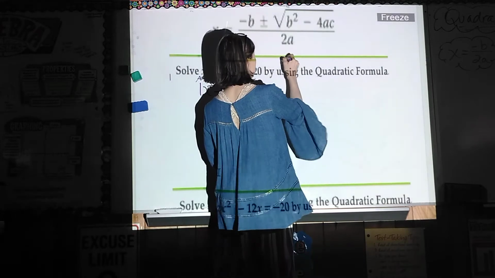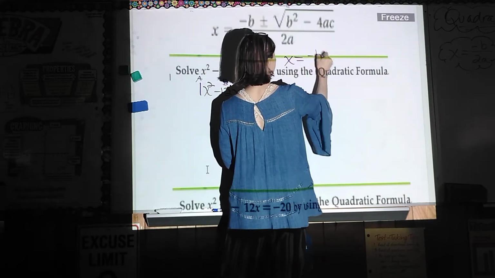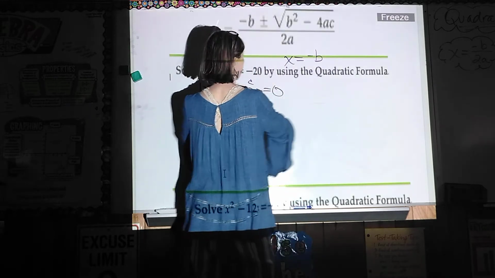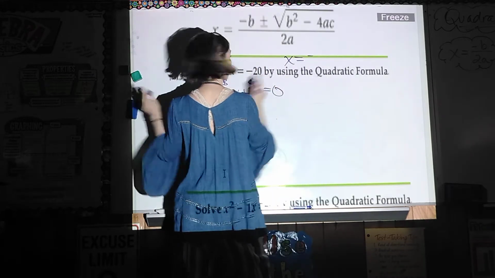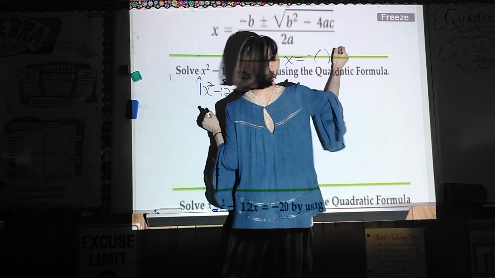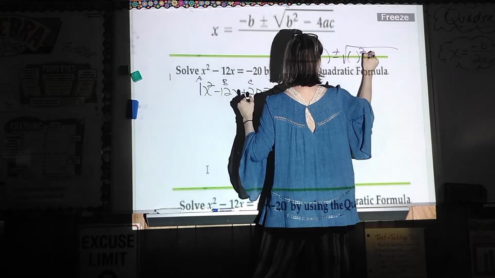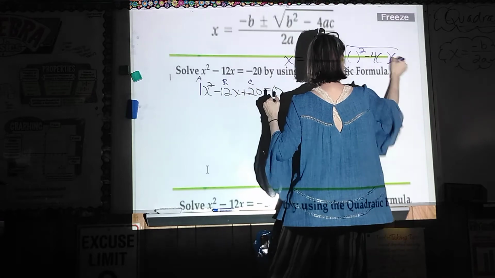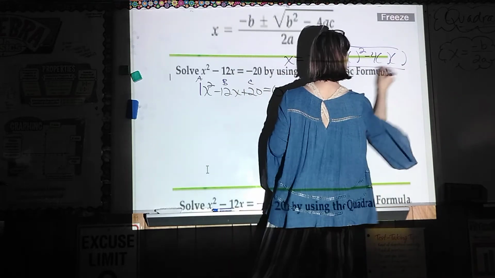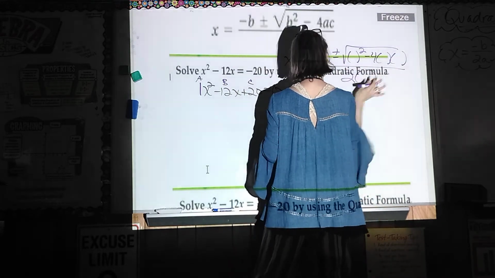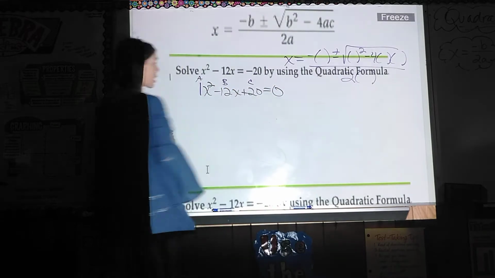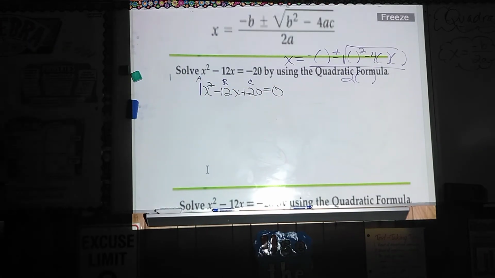Here we go. So x equals negative b, oh excuse me, negative empty, plus or minus, draw your square root, empty squared minus 4 empty empty, all divided by 2 times empty. You guys are setting yourselves up for success. Okay, so here we go.